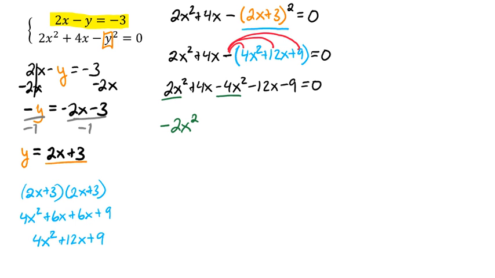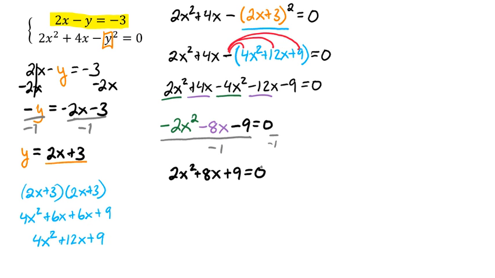I've got a couple x's here. That's going to be a -8x. And then I've got my -9 equals 0. I'd really like to get rid of that negative sign, so I'm just going to divide everything by -1. And so now I've got 2x squared plus 8x plus 9 equals 0.